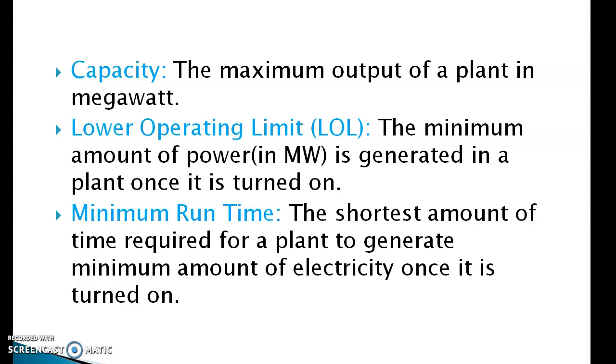Lower operating limit, LOL: the minimum amount of power in megawatts generated in a plant once it is turned on.